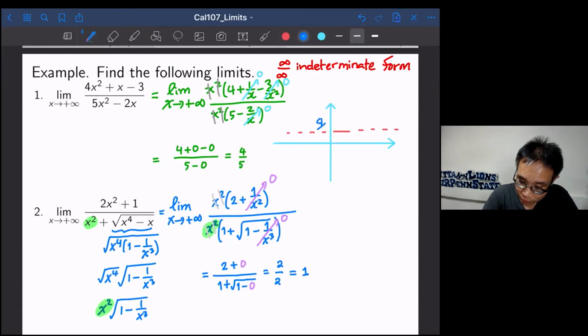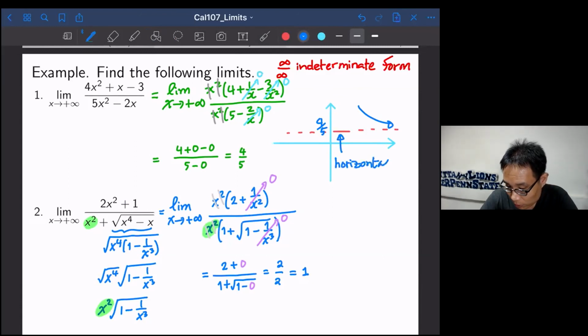Okay, 4/5 is here, and the graph of the function is going to go to this line. So this is the meaning of this, and this turns out to be a horizontal asymptote.